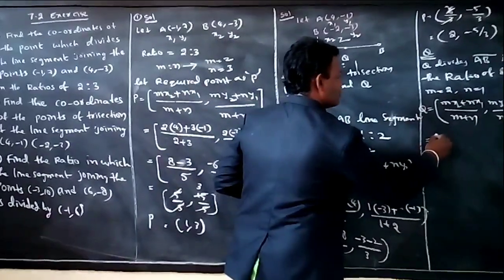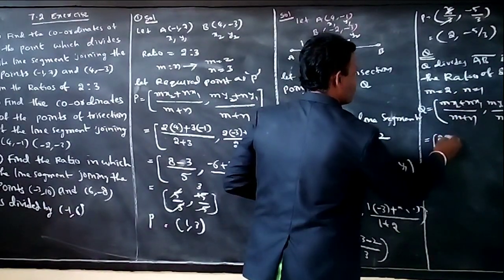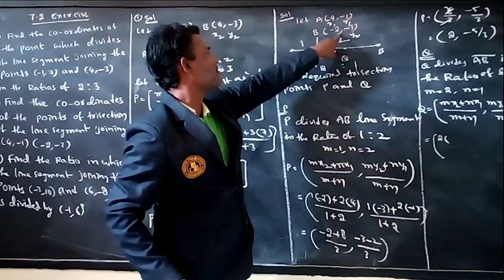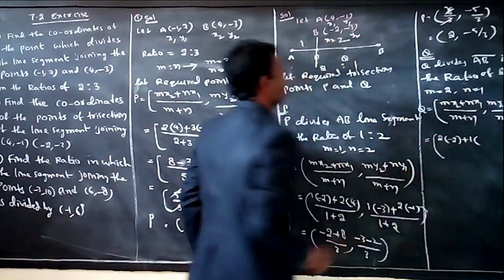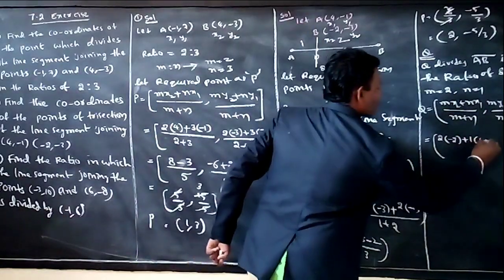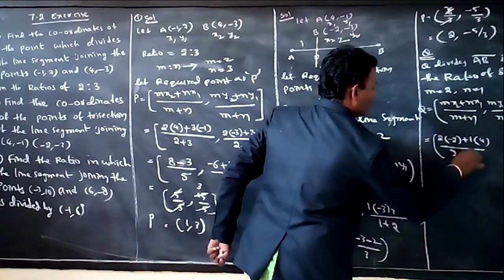Now apply the values. M means 2, x2 means minus 2, plus n means 1, x1 means 4, by 2 plus 1.